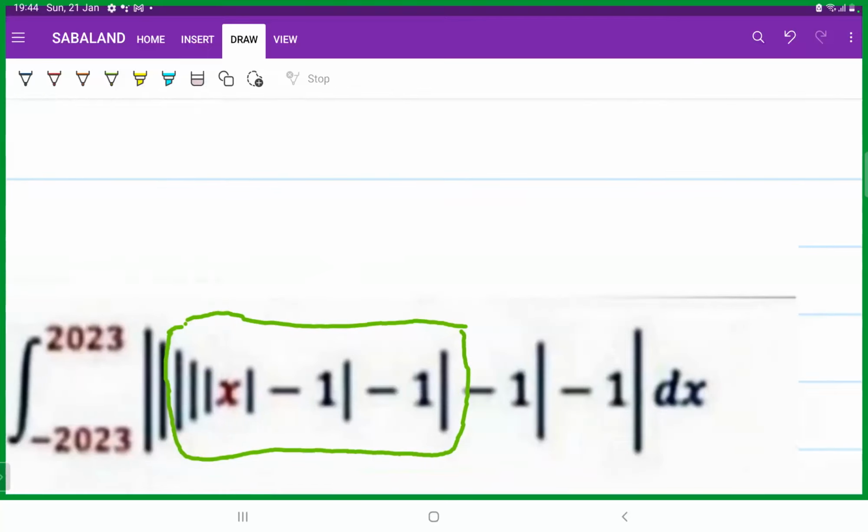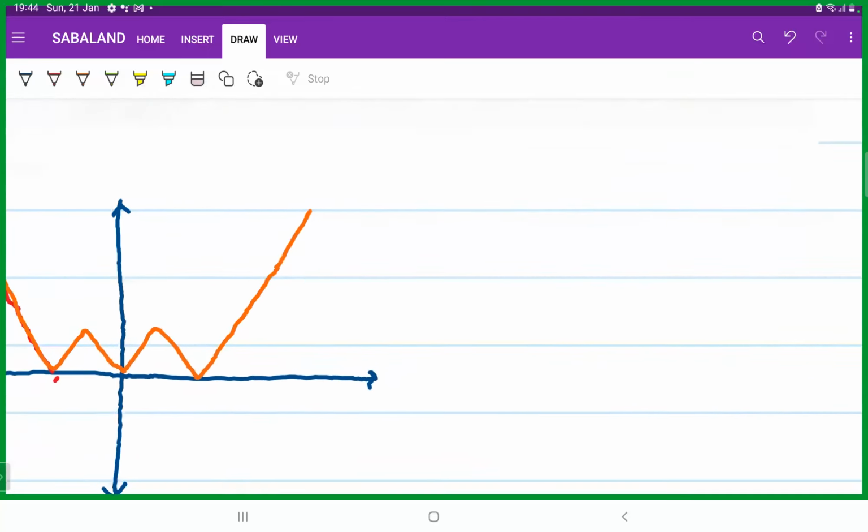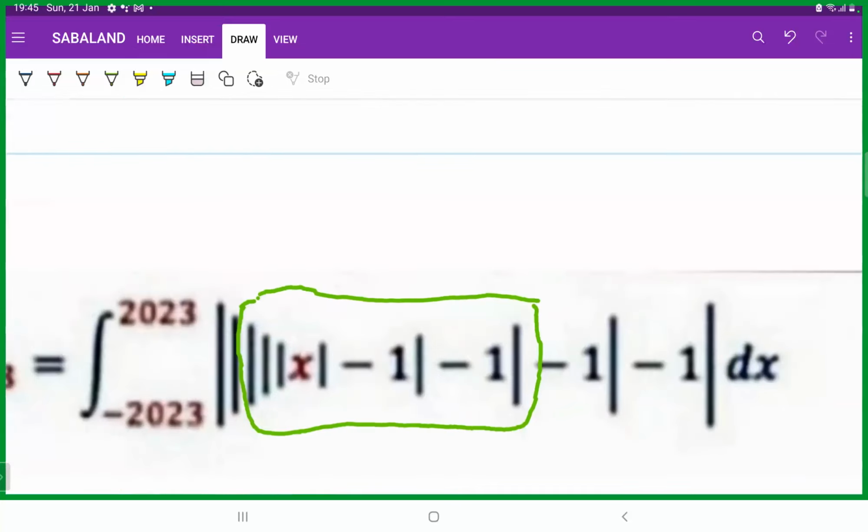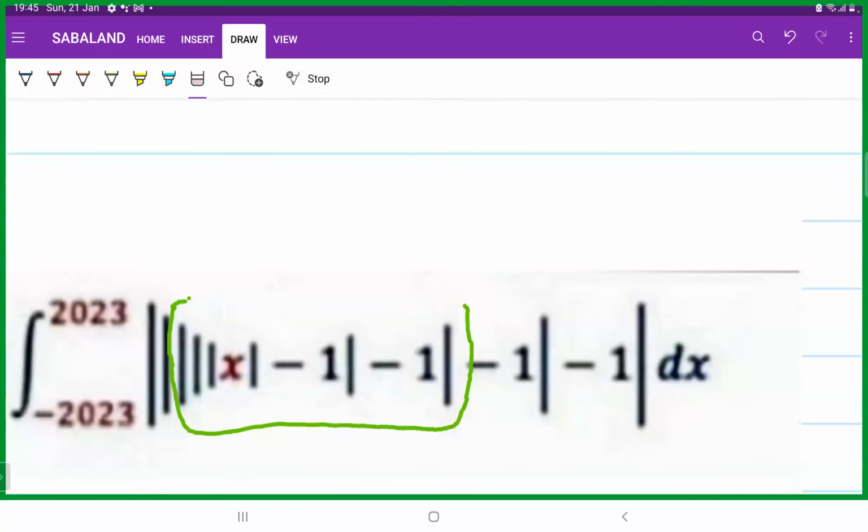Now let's come to the third block, which is -1. So again, this block will move one step down over here. Again, we have a mod over here.